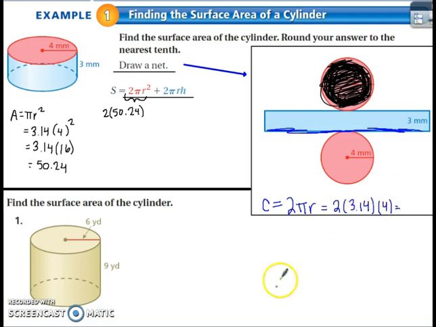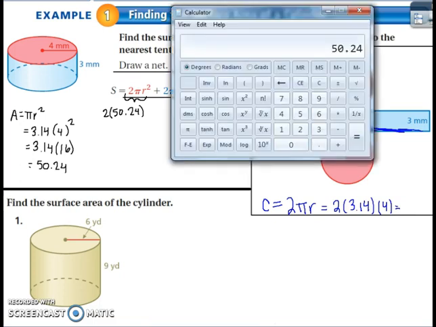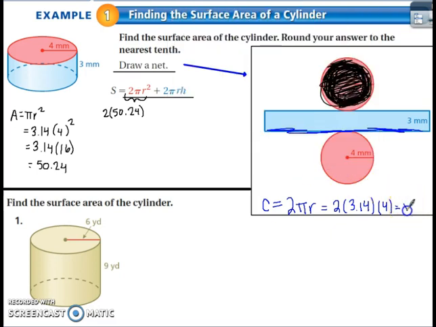Multiplying all three of these together on a calculator, we will see that 2 times 3.14 times 4 equals 25.12. So the circumference of this circle is 25.12.